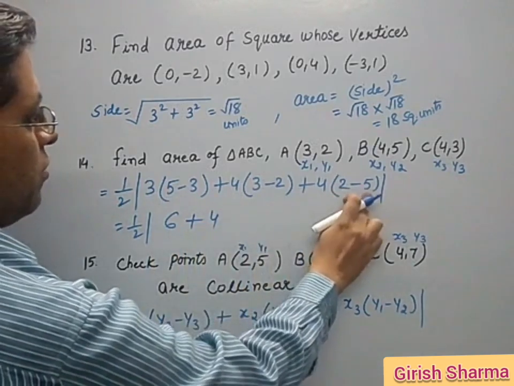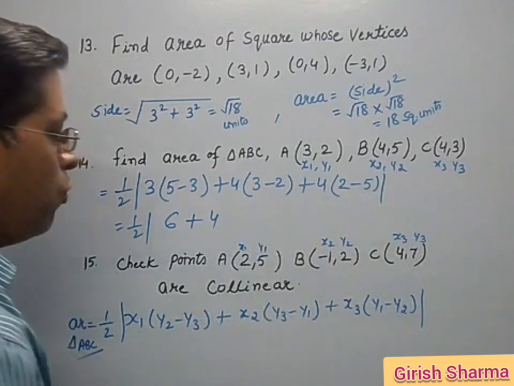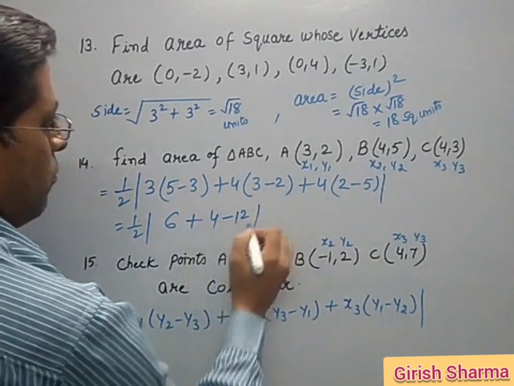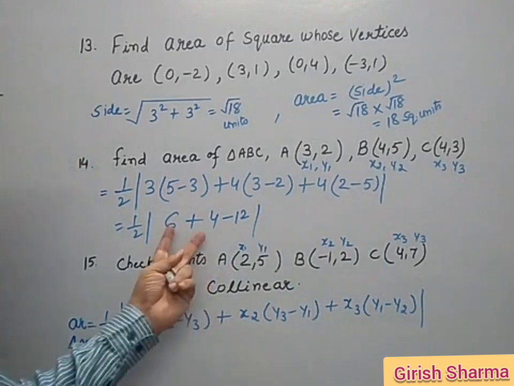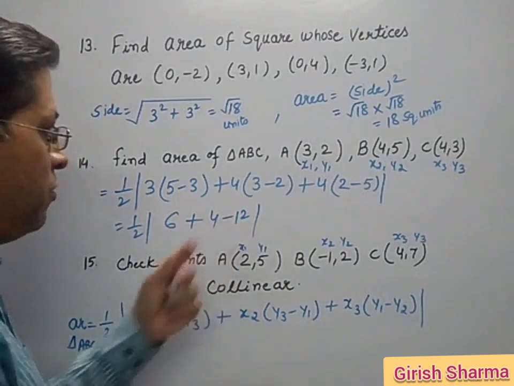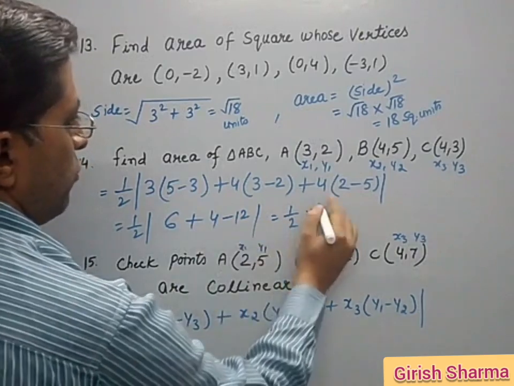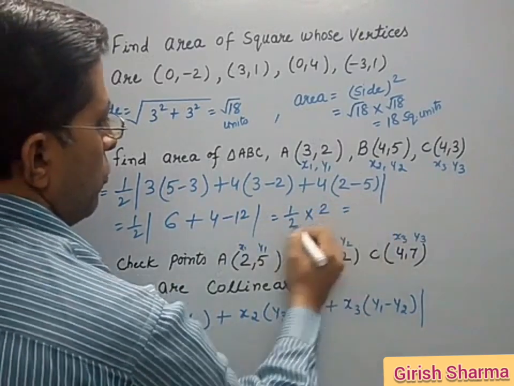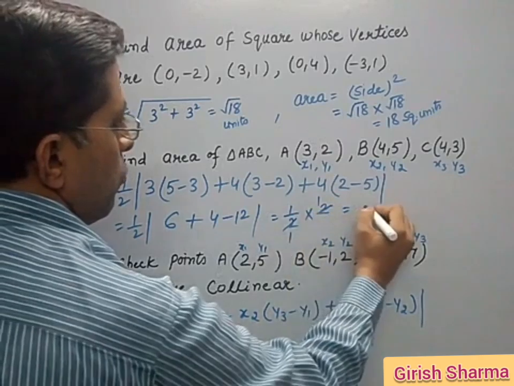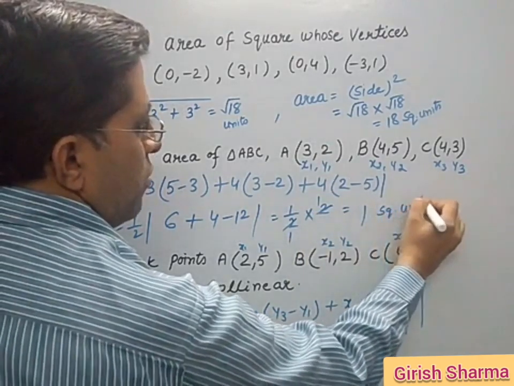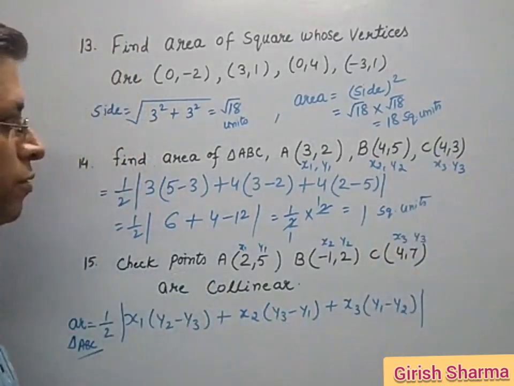This is minus 3, minus 3 into 4, minus 12. This is 10 minus 12, that is minus 2. But in the absolute sign this will become 2. Half of 2 is 1. 1 square unit is your answer.